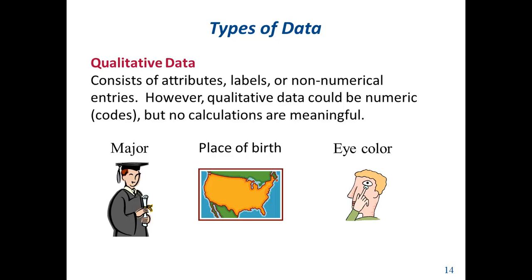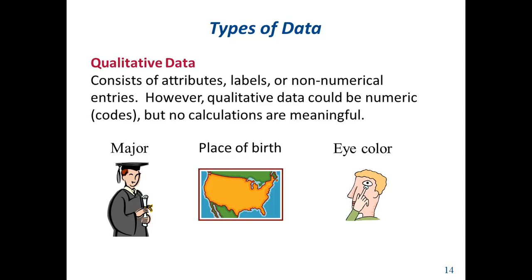Now, the types of data could be qualitative or quantitative. The qualitative will be labels, names, or non-numerical entries. However, sometimes they could be numeric, but if we use numeric information, this is going to be codes, so you cannot do any calculations.